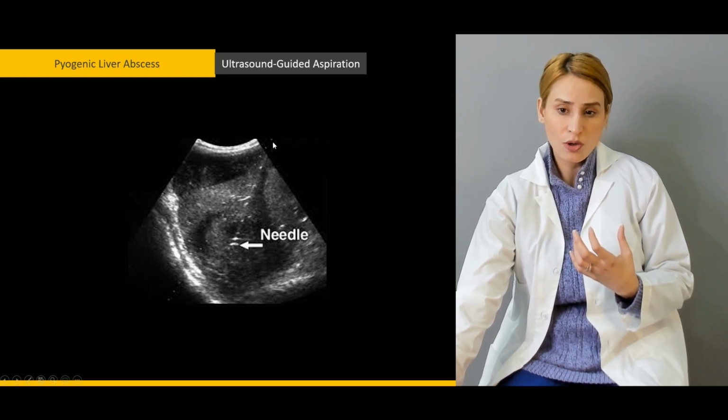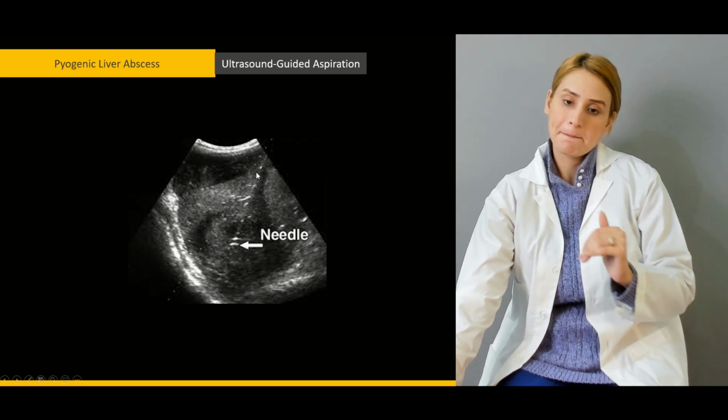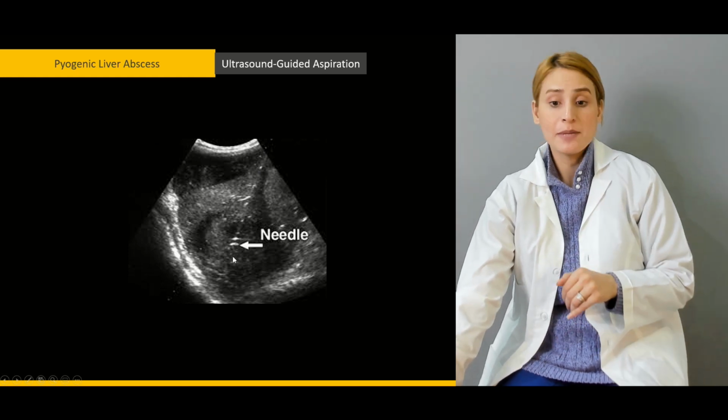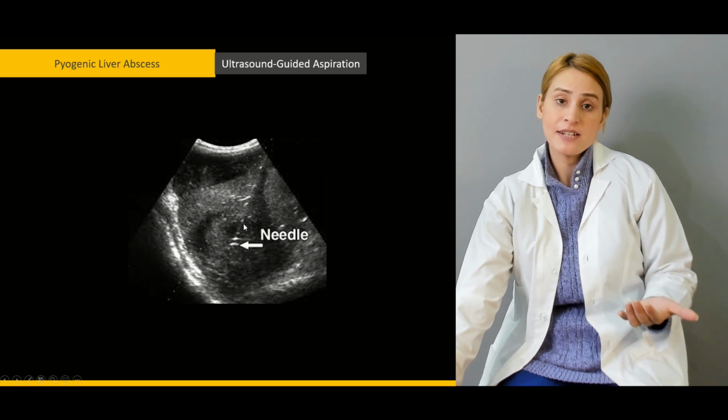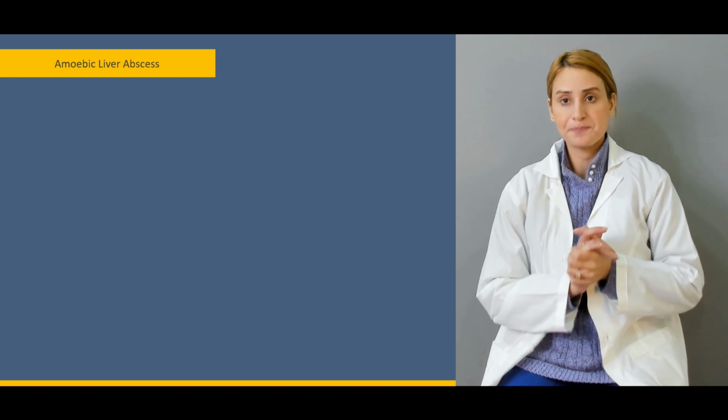And this is the needle, which is coming straight down from the skin and piercing the liver parenchyma. It's entering into the liver, and with the help of that, ultrasound guided aspiration can be used as a treatment for the pyogenic liver abscess.